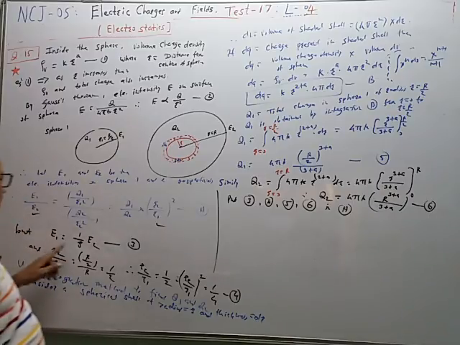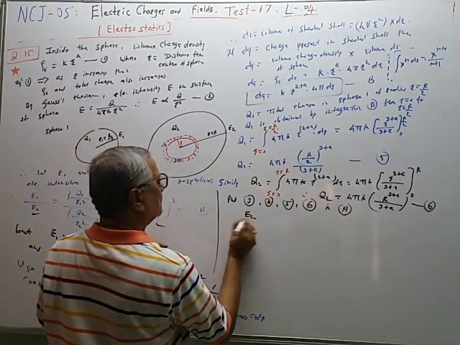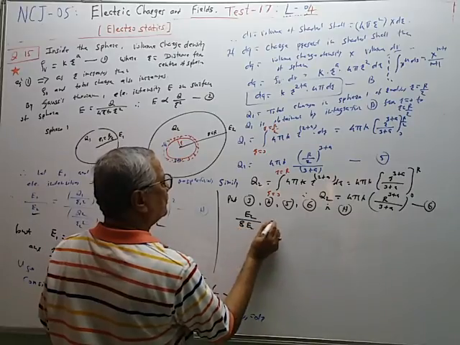So E1 is equal to E2 by 8 upon E2. E2 will get cancelled.